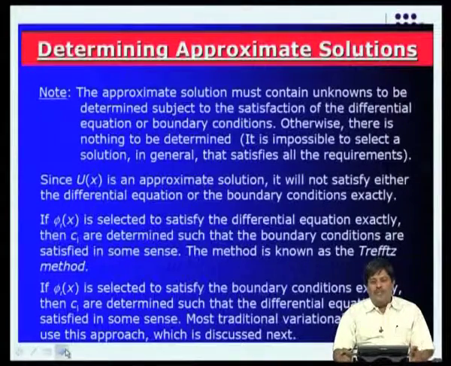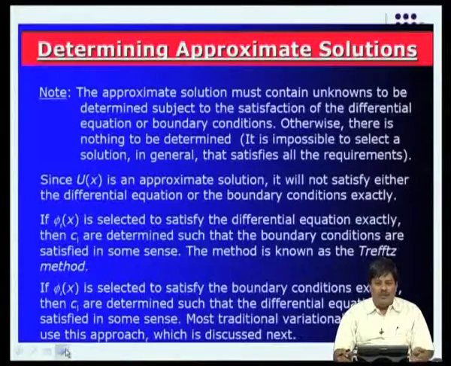Suppose u of x is an approximate solution to the small u of x that we define for the differential equation. It will not satisfy either the differential equation or the boundary condition exactly, and the solution depends upon the function phi of x we choose.